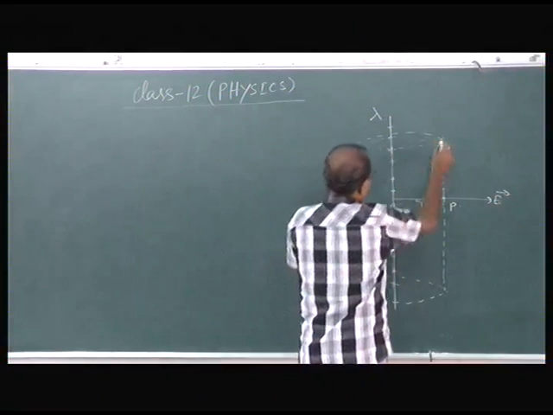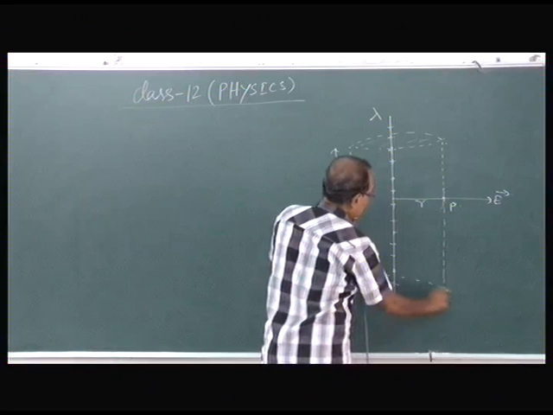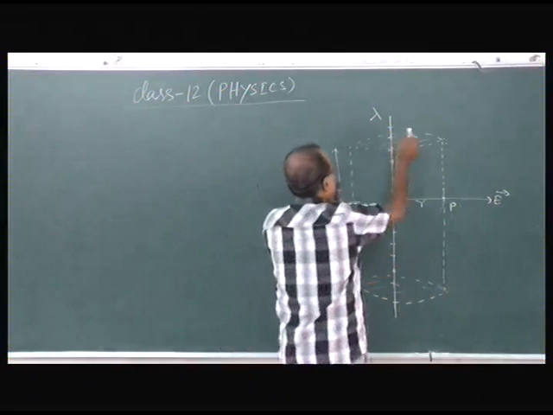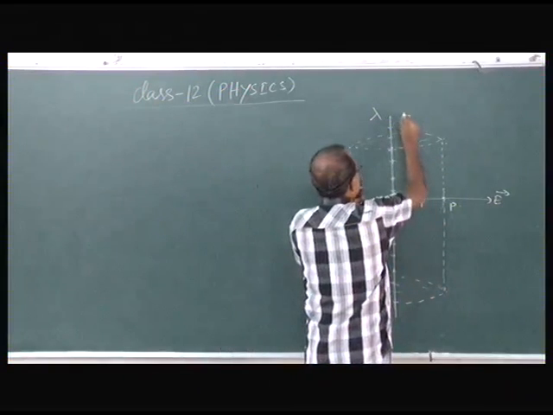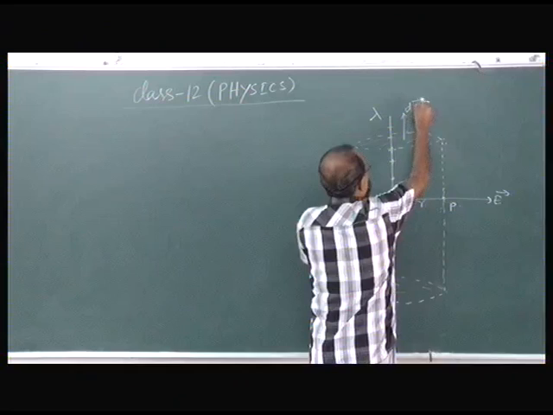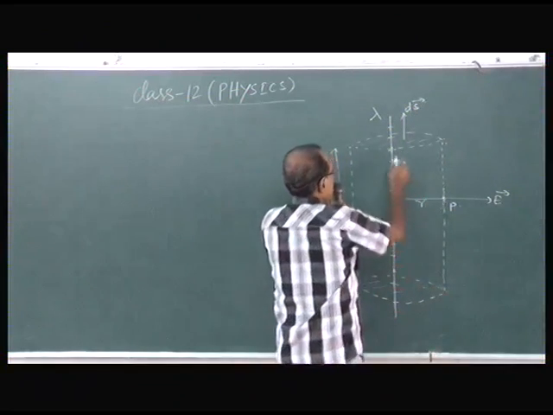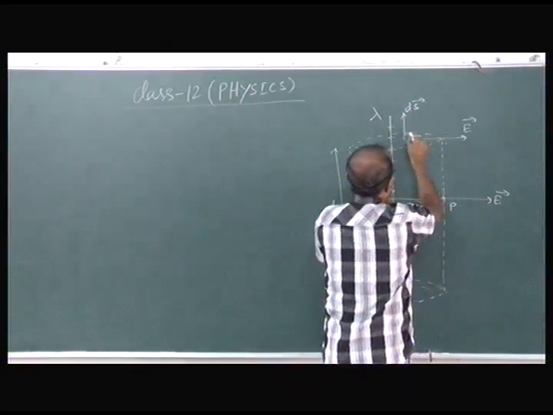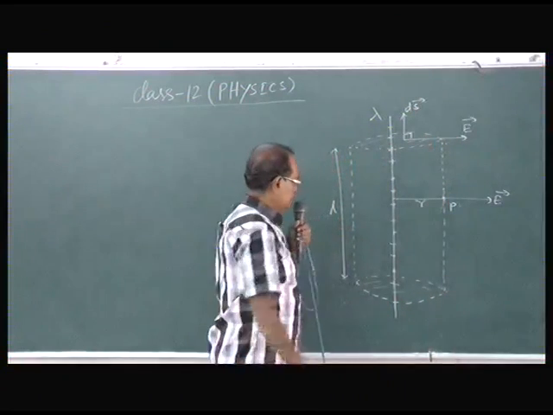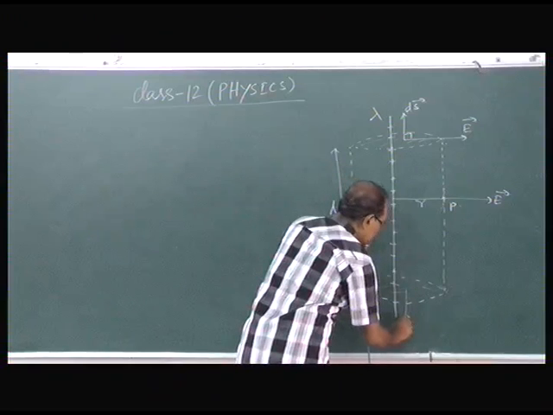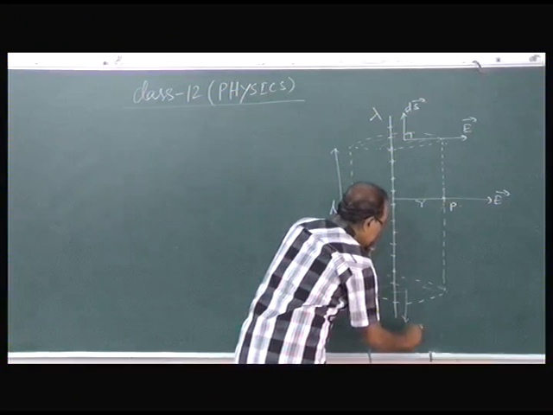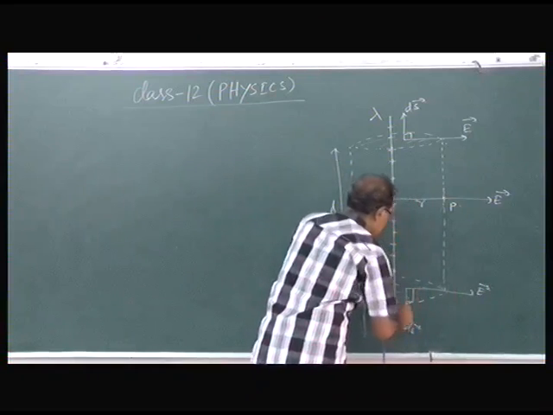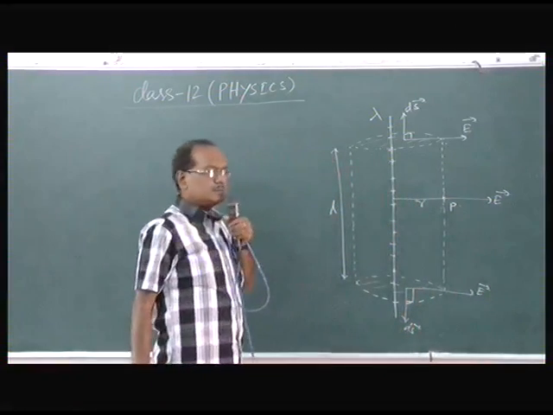These two are closed flat surfaces. Here the ds vector is normal to the surface and the electric intensity is in this direction, so they are perpendicular. Here also ds and the intensity are perpendicular. So again 90 degrees.